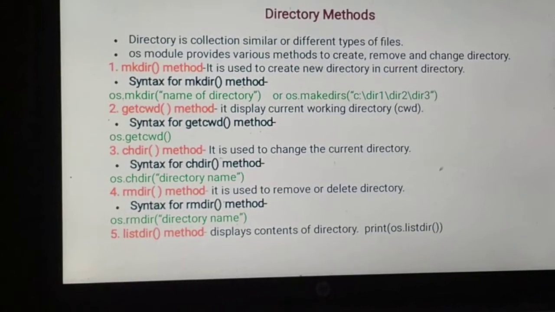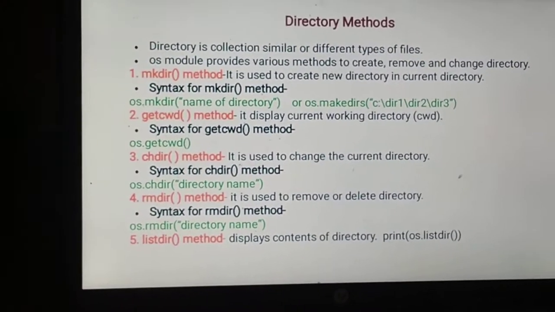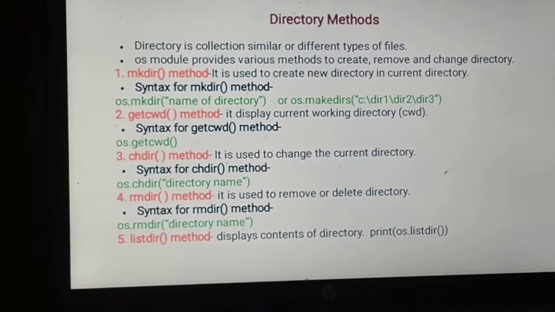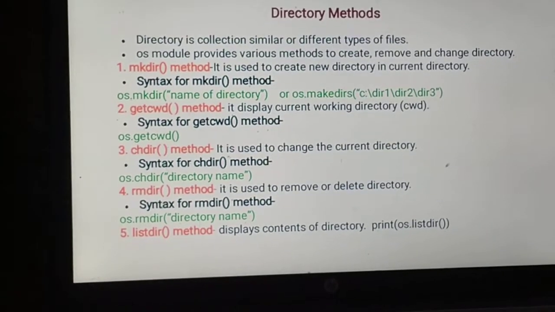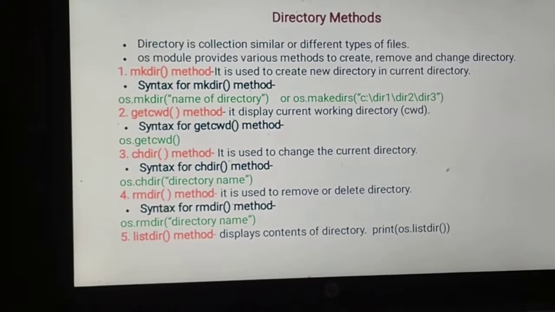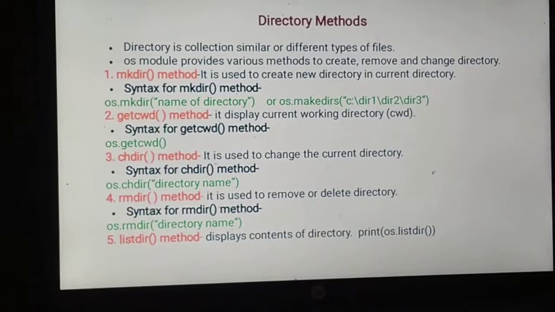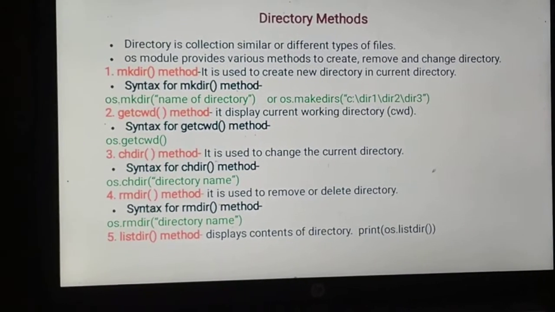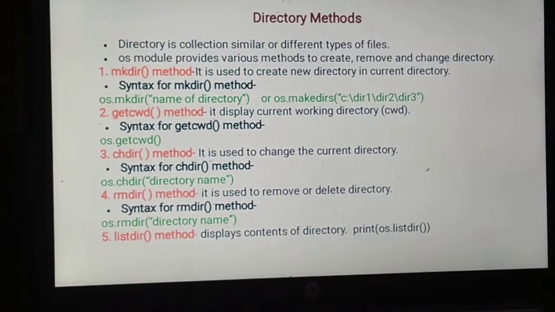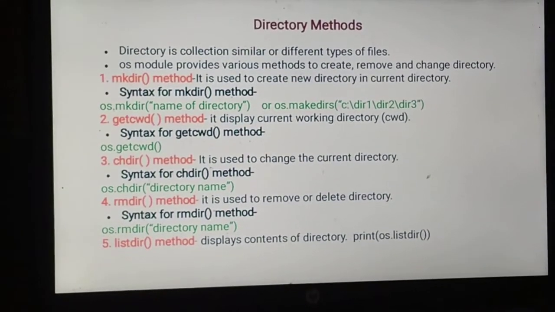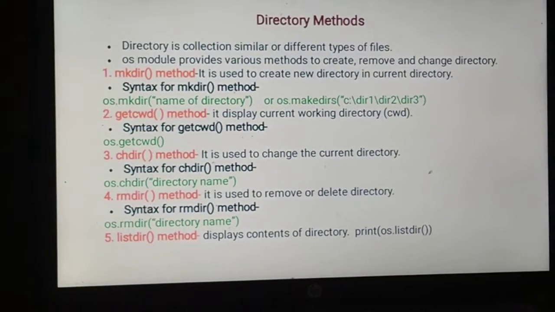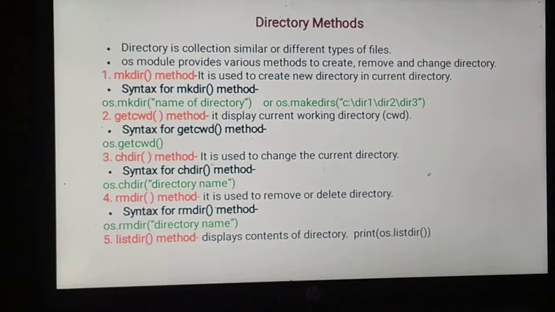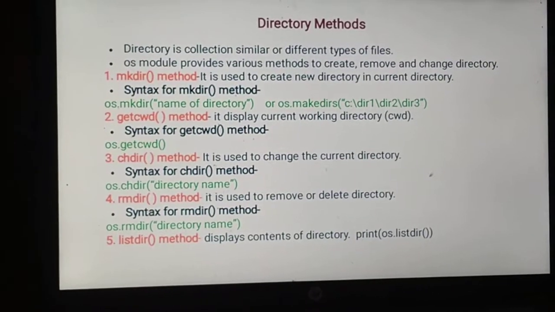The next method is chdir. chdir stands for change directory. You can use the chdir method to change the current directory. For example, suppose you are working in the C drive, users, and a folder named pps. This is your current working directory, but you want to switch to another folder.